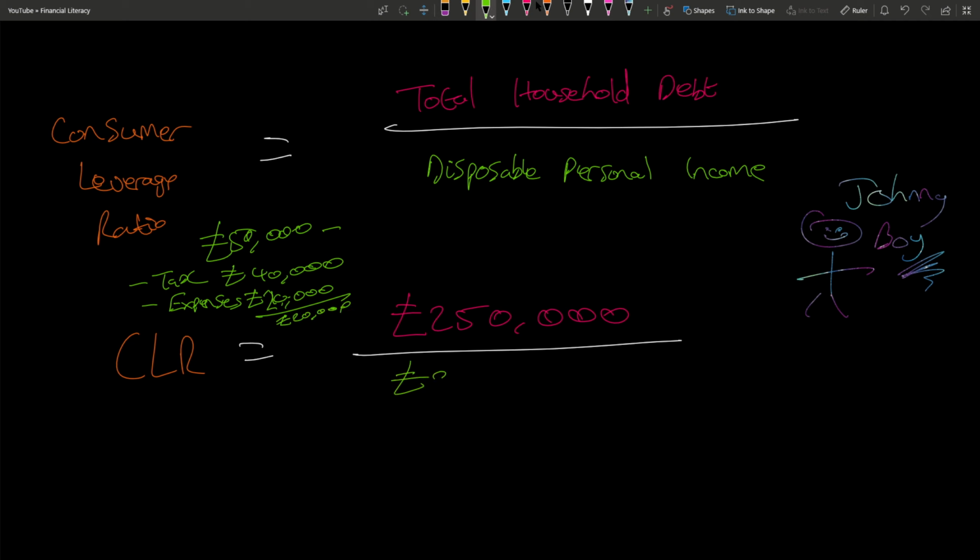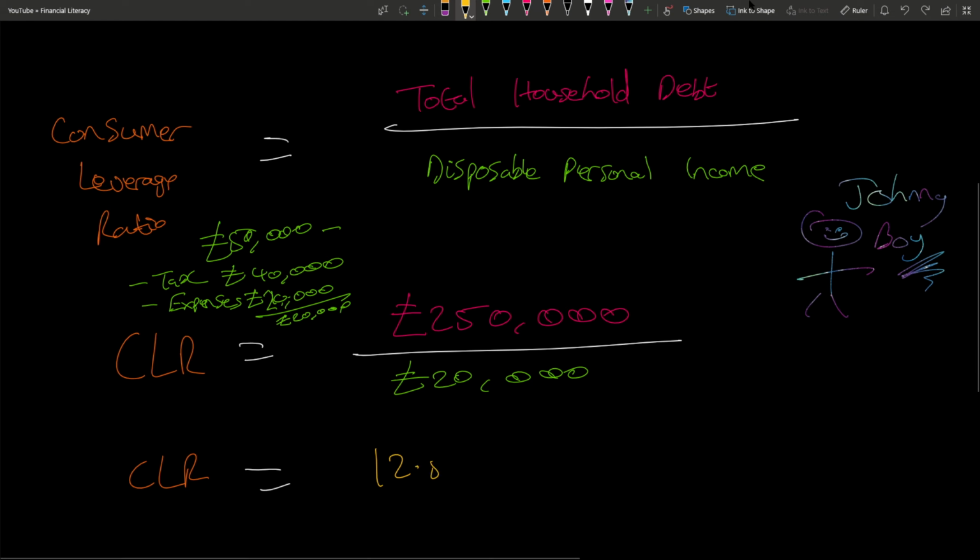So you do 250,000 divided by 20,000, which gets you 12.5. So drum roll, the CLR is 12.5.